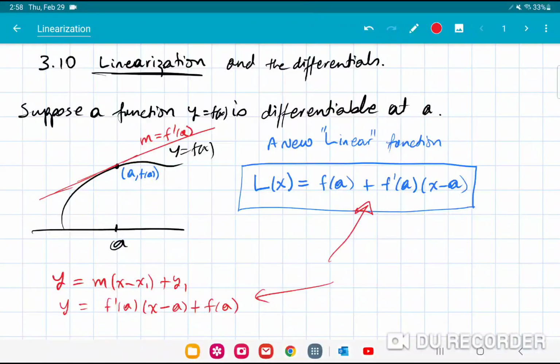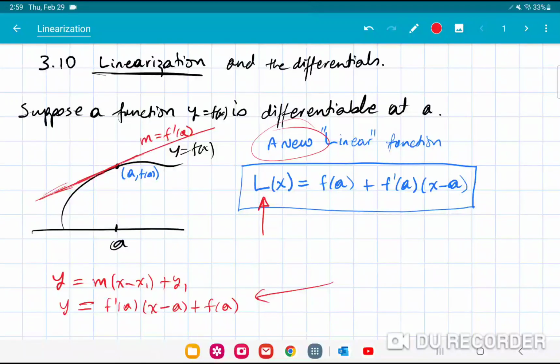That's what we have. So a linearization is essentially the linear approximation to the graph of the function, or the tangent line to the graph of the function. It's a new function. We call it a new function, basically the same tangent line, and we wrote it as L of x to indicate that it is a new function.